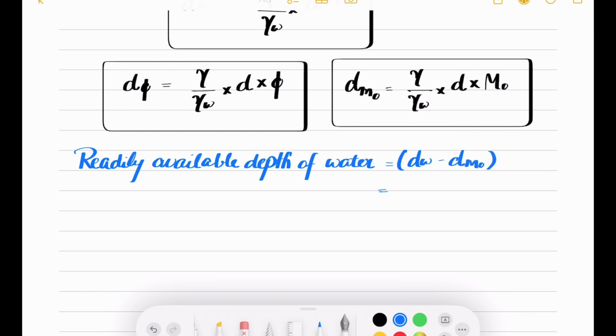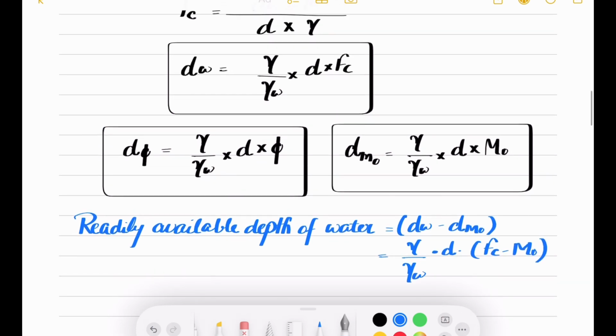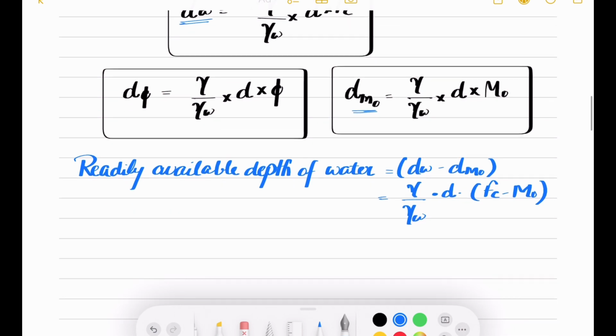So that will be gamma by gamma W into D into Fc minus m naught, right? Simple. We have the depth of water up to which the field capacity is there, and the depth up to which the optimum moisture content level is there, right? So through this we can find out the readily available moisture content depth, right?